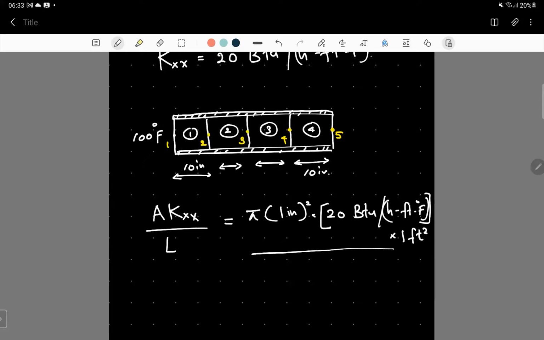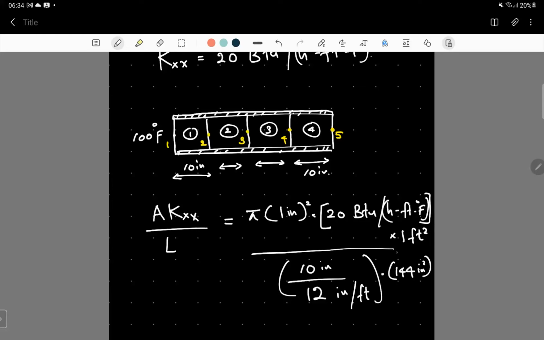On the denominator, we have 10 inches, L, which also needs to be converted again to feet. That's 12 inches per foot, of course, multiplied by 144 inches squared.